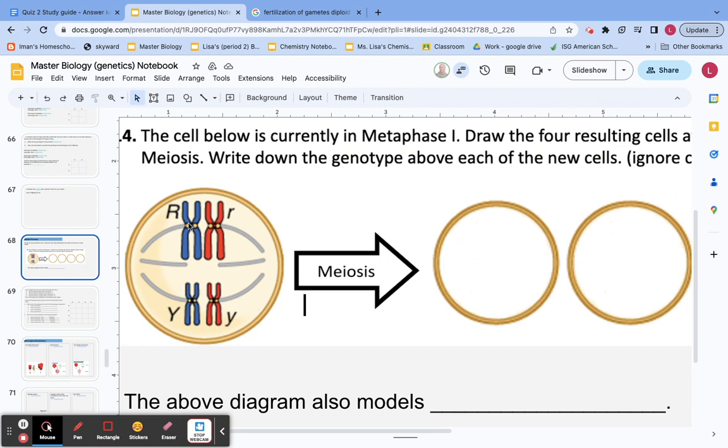Or this paternal could go to the left, and this paternal chromosome could go to the right. So it's kind of random. It's independent. This one is independently assorted from this one.